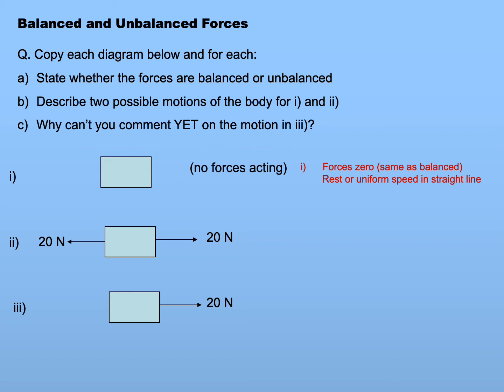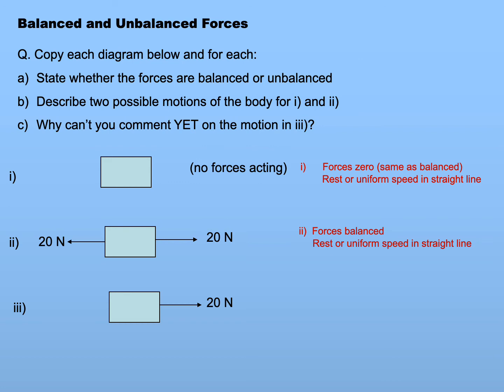It could be either. Number 2, well, we've got 20 newtons to the right and 20 newtons to the left. So clearly here the forces are balanced, and that means that body could be at rest, or it could be moving with a uniform speed in a straight line. Again, we don't know which of the two it is. Either are possible.